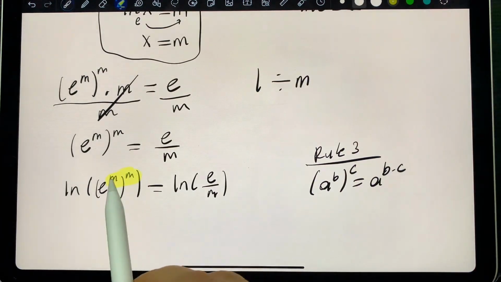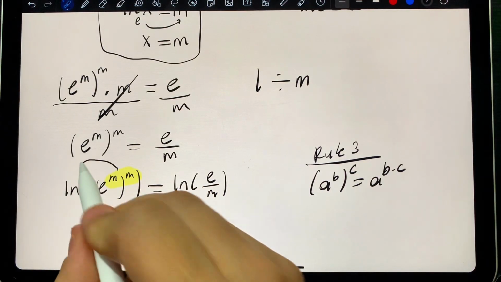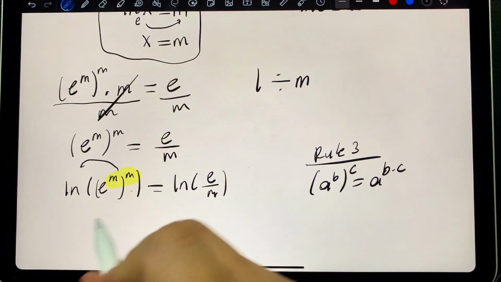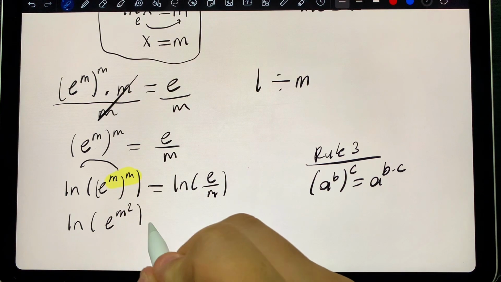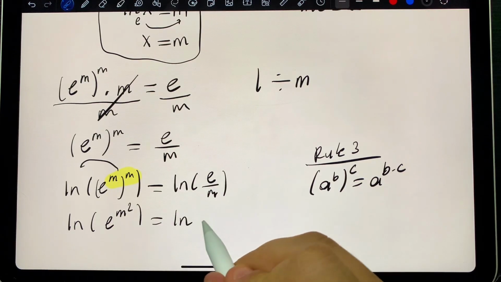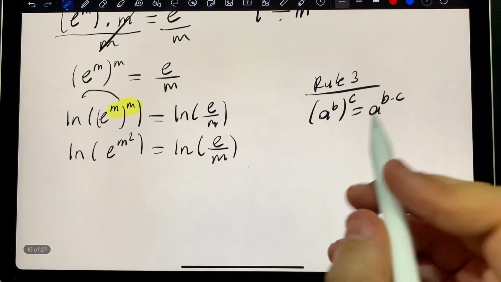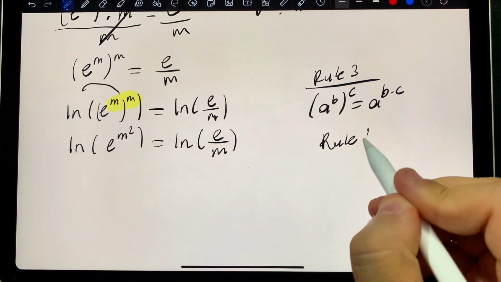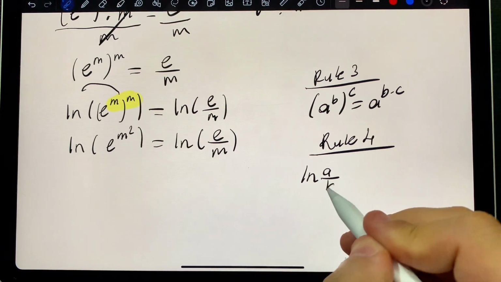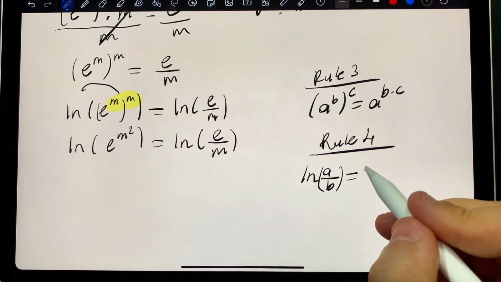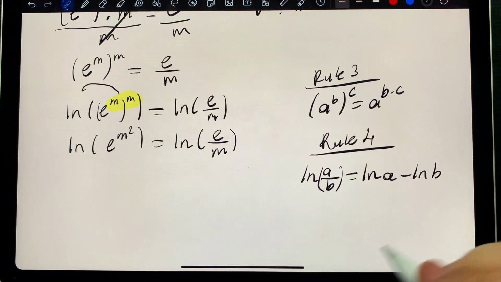Look at this. Yes, ln e power m squared equals ln e over m. Rule 4: ln a over b in brackets equals ln a minus ln b.